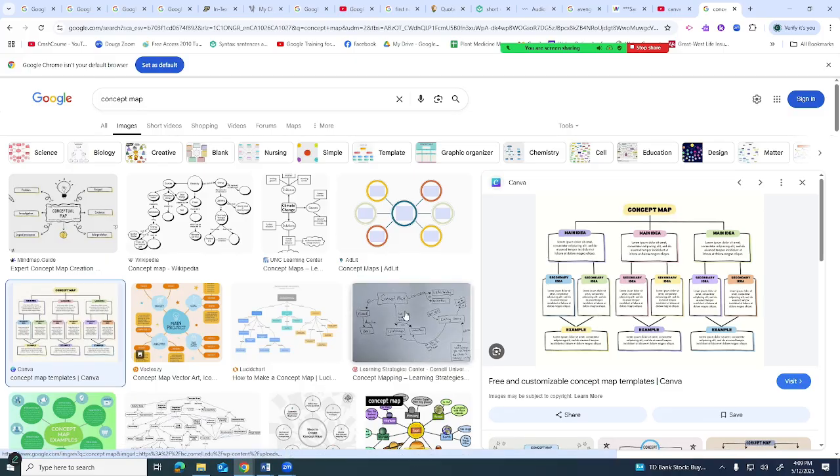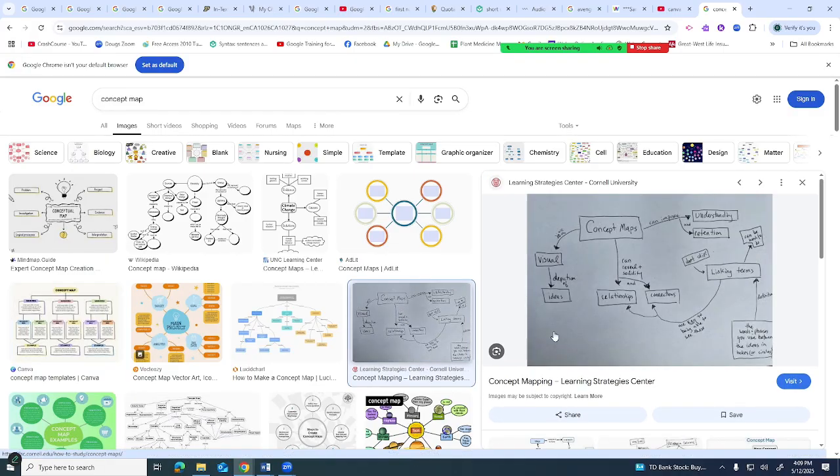And then this one looks a little more confusing, but it shows relationships outside of the hierarchy, right? And linking terms back to relationships and connections in this example right here.